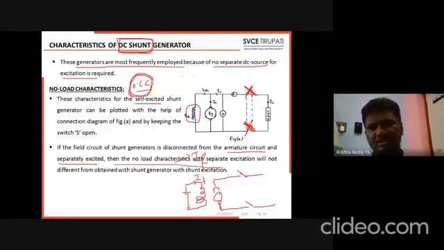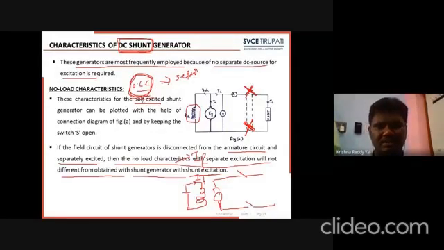Then the no load characteristics with separate excitation will not differ from those obtained with the shunt generator. This is all about open circuit characteristics. These are similar for both separately and self-excited generators.